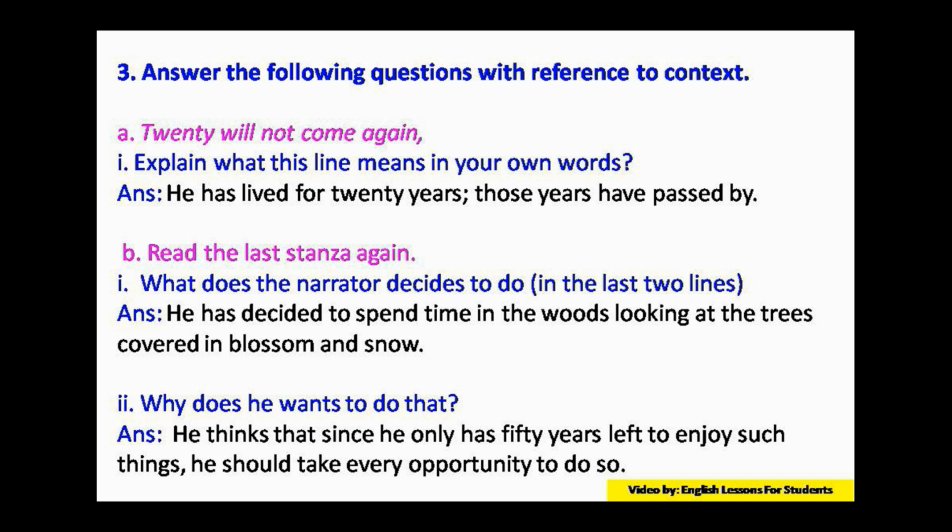Answer. He has decided to spend time in the woods looking at the trees covered in blossom and snow. 2. Why does he want to do that? Answer. He thinks that since he only has 50 years left to enjoy such things, he should take every opportunity to do so.